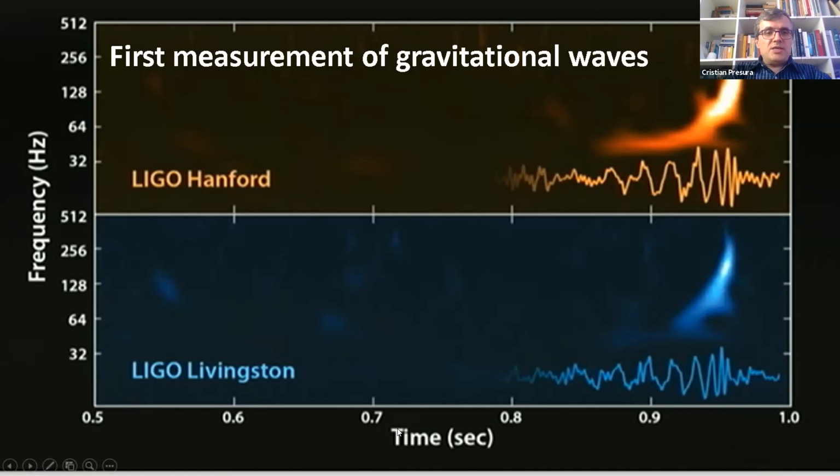And what we see here is time on the horizontal part and frequency on the top part. This is the frequency of the sound which we heard, which is basically the frequency of the gravitational waves. And you see two LIGO detectors, one in Livingston, the other one in Hanford. If you look at the oscillation, you see that the amplitude of the oscillation increases.